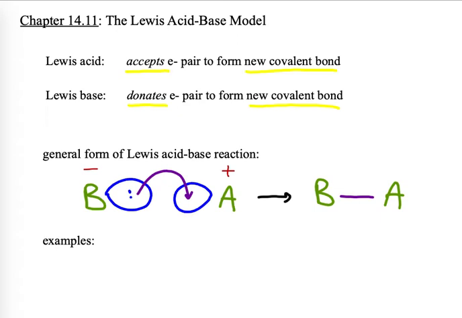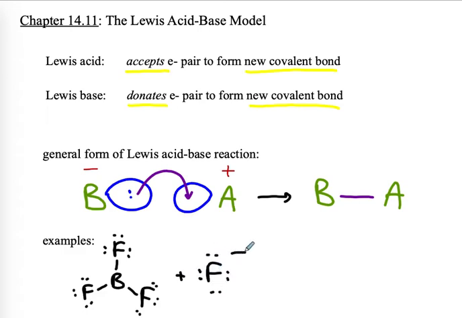If I take the molecule boron trifluoride, which is electron deficient, boron does not obey the octet rule, and react it with the fluoride anion, F minus, the fluoride will donate a pair of electrons to the central boron, which is electron deficient, and in doing so, form the tetrafluoroborate anion, BF4 minus.